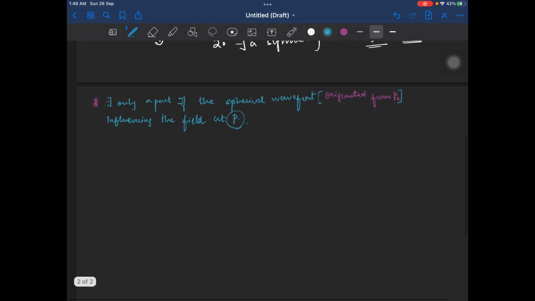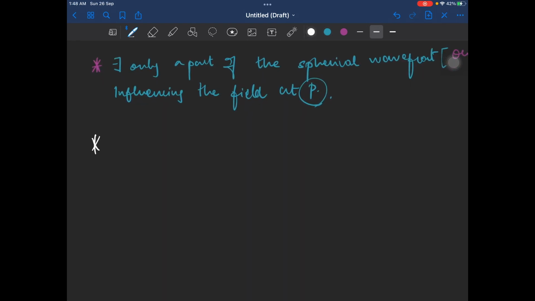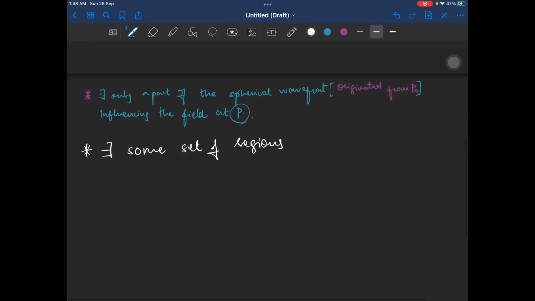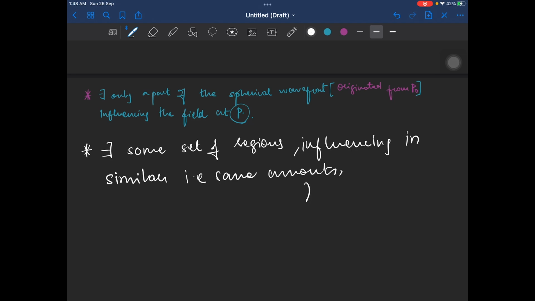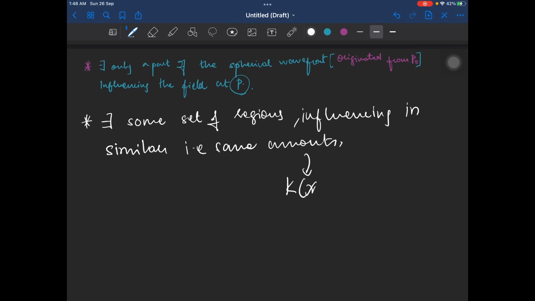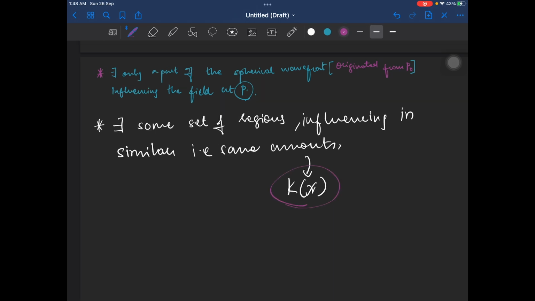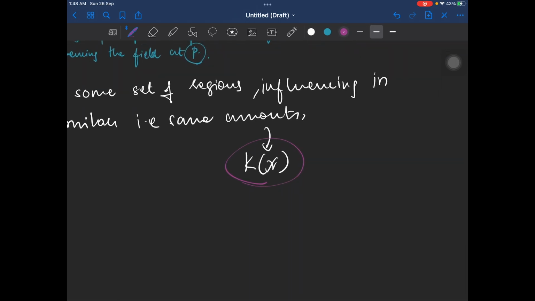Now we further see that there exists some set of regions influencing in similar, that is the same amounts, which is given by K of chi, their inclination factor. They have the same values of chi.